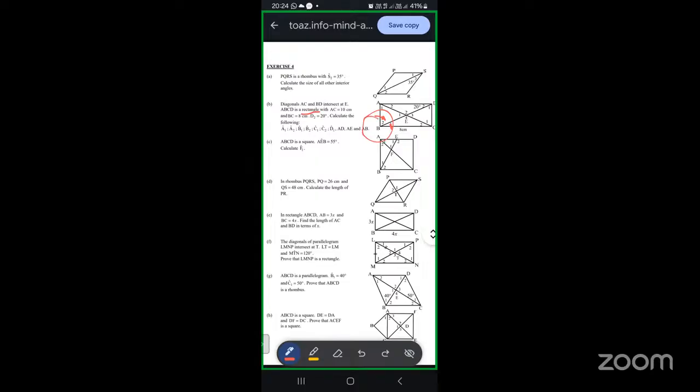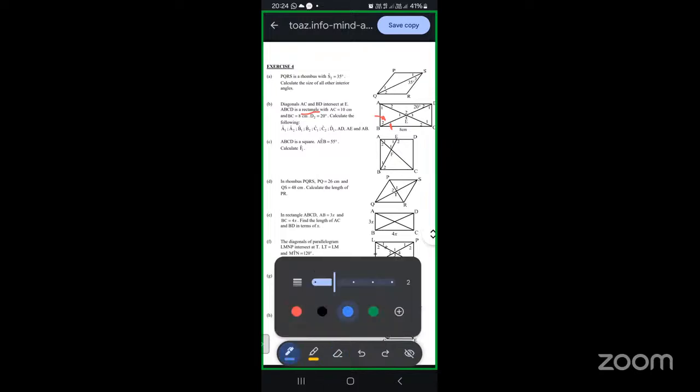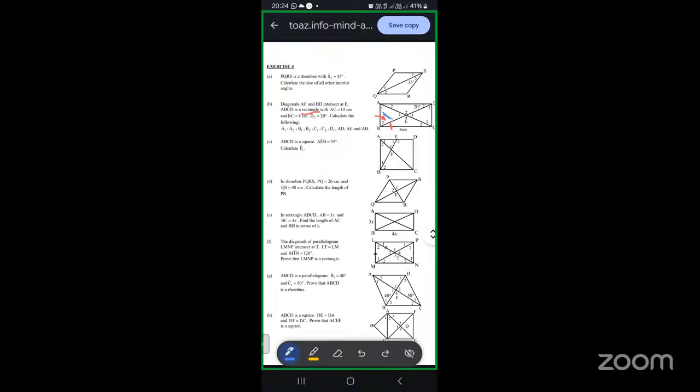And if this one is 70, then this one will be 70 as well. Then you can play around with your maths or the properties of a rectangle to fill everything in.